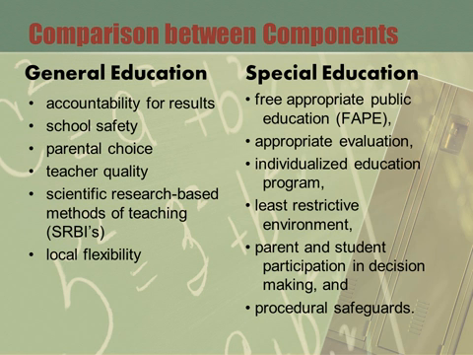Now I'd like you to take a look at the general education and special education foundational components as they line up side by side. We can look to the left here, accountability for results, and then look over on the other side to appropriate evaluation, and maybe on the left again to teacher quality, and on the right side, the least restrictive environment.